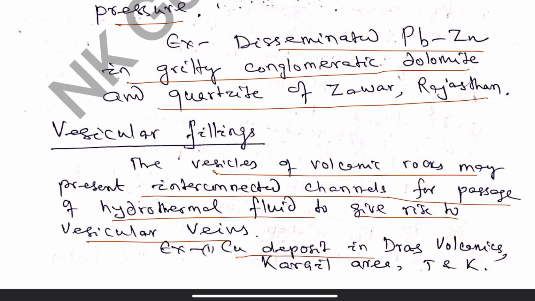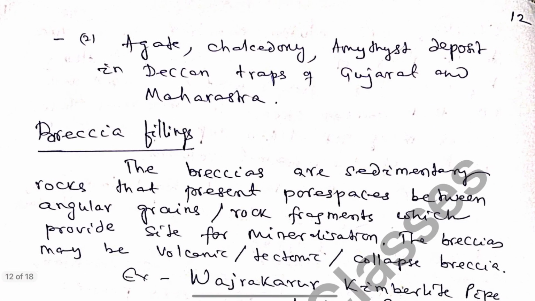For example, copper deposit in Dras volcanics of Kargil area, Jammu and Kashmir. Agate, chalcedony and amethyst deposits in the Deccan traps of Gujarat and Maharashtra.